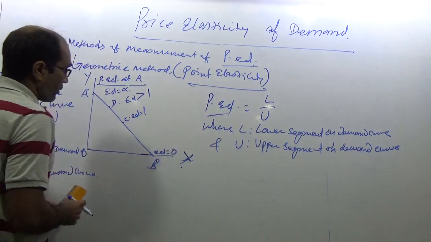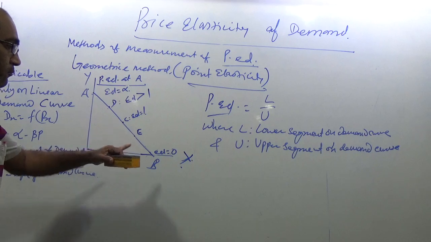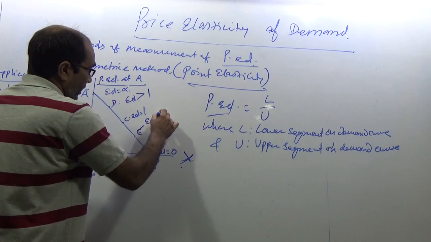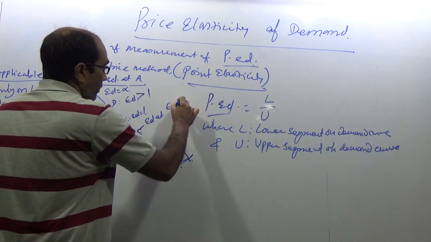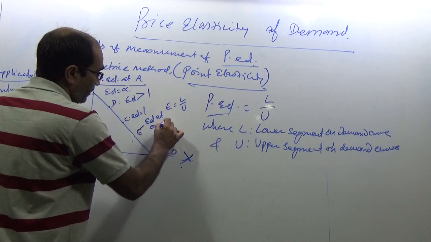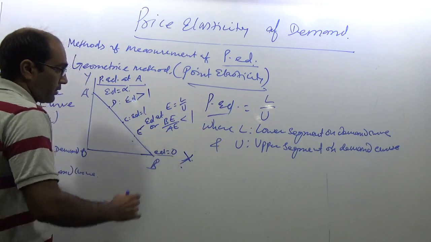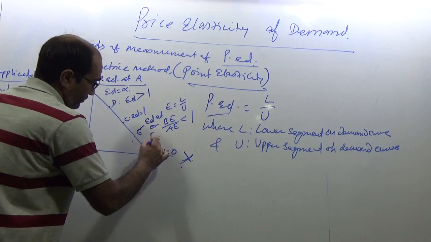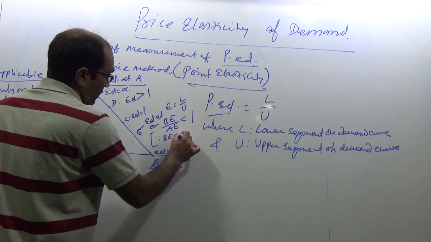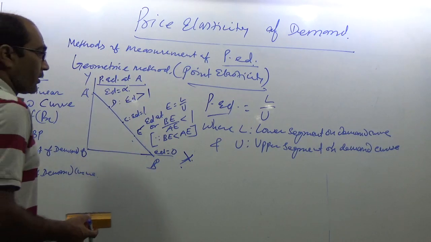See the fifth point E, in between C and B. Try to compute ED at E equals lower segment upon upper segment, or lower segment BE upon AE, less than 1, since BE less than AE.